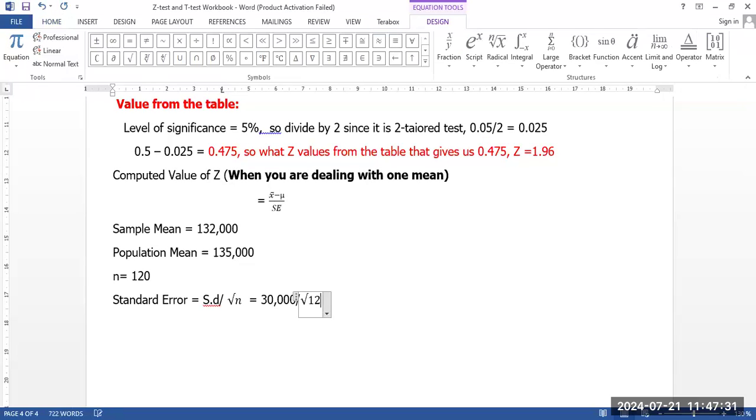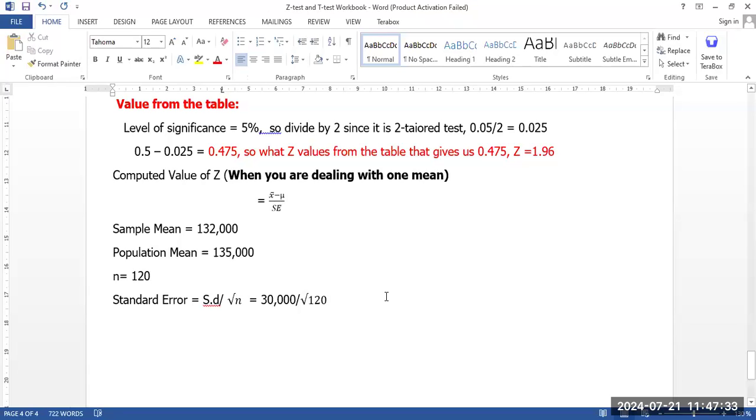Root 120. Okay, just tell me what is standard error. Get 30,000 divided by root 120. Just tell me one figure in 3 decimal points. The overall figure, 3 decimal points.